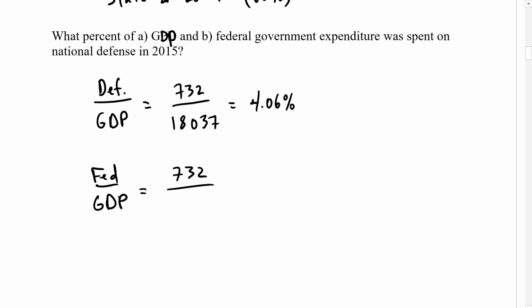So $732 billion on national defense out of 1.2 trillion comes out to 59.76%. So out of the entire federal government, military spending makes up a very substantial portion. Okay, that's it from the first table.